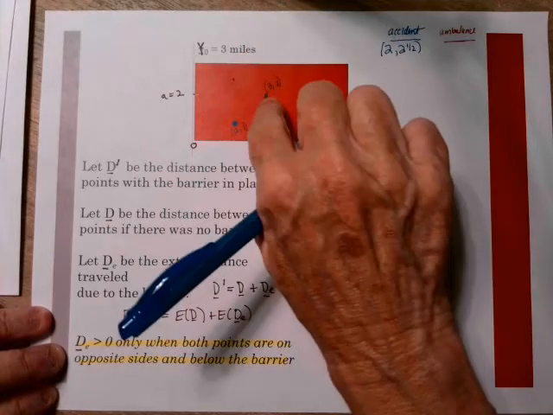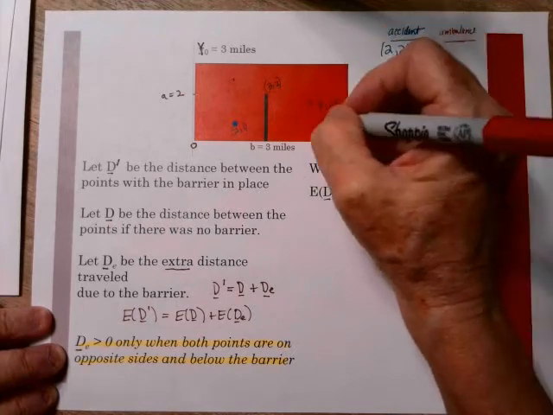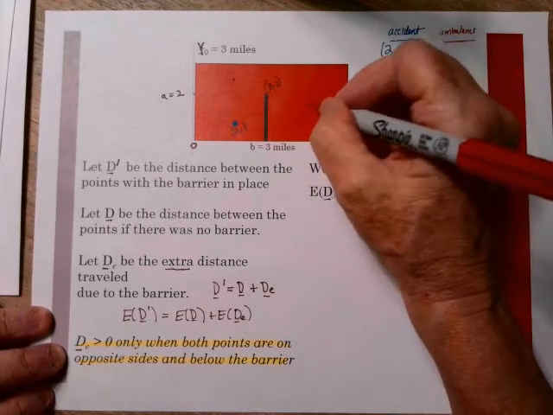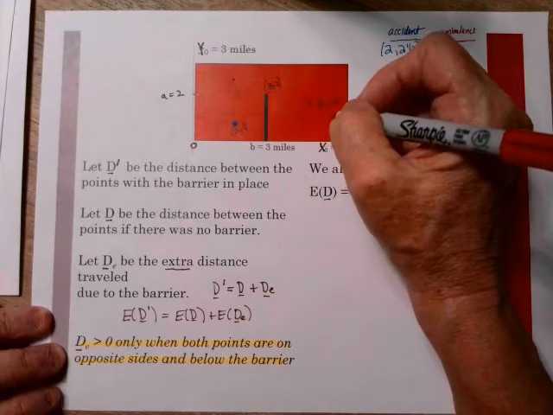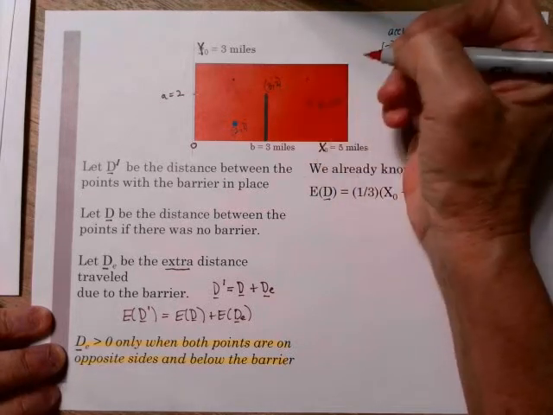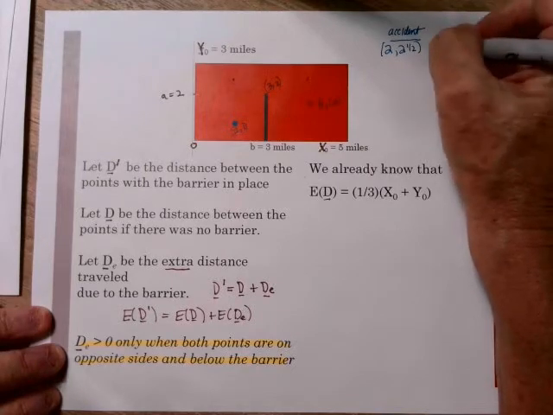Notice that it's above the barrier here, right? And suppose the ambulance is at 4 on the X axis, and we'll make it 4 and 2.5 too. So that would be right about there.